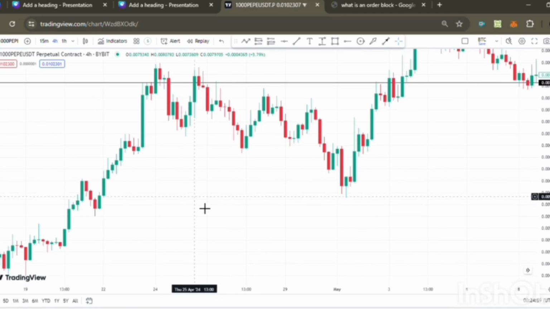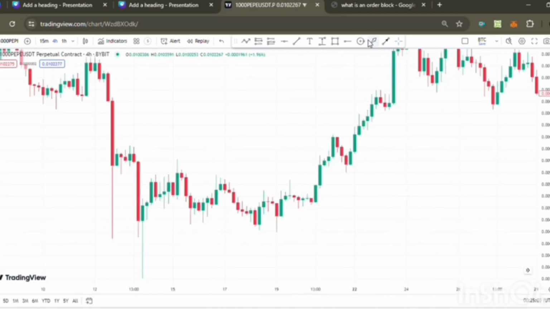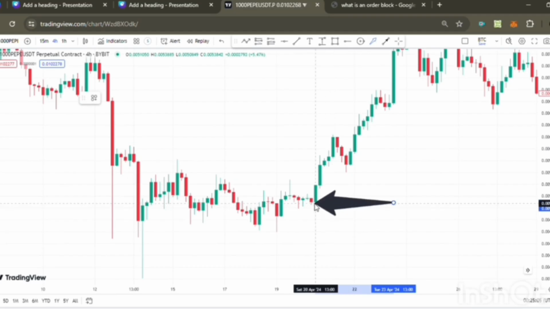If you look here, you see that the market started an uptrend from this spot.